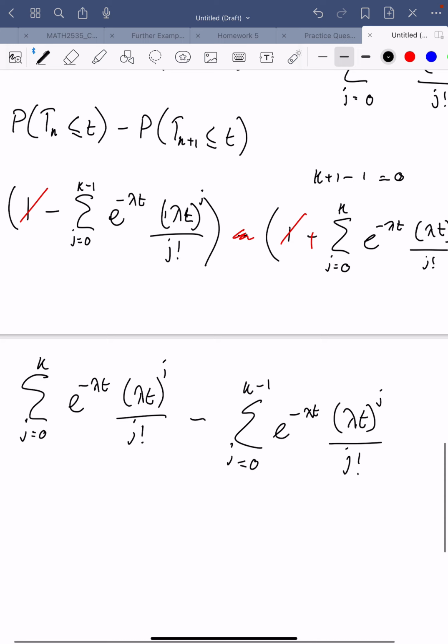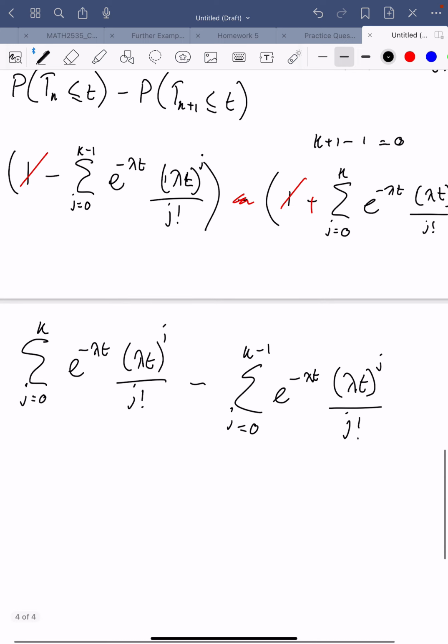Now, the only difference between these two is that we have k minus 1 here and k.